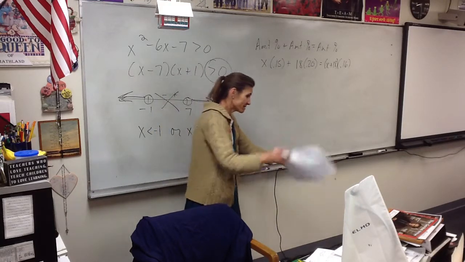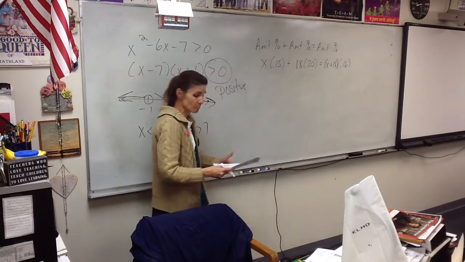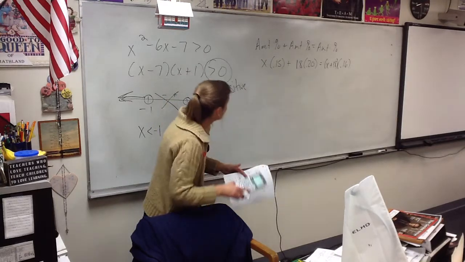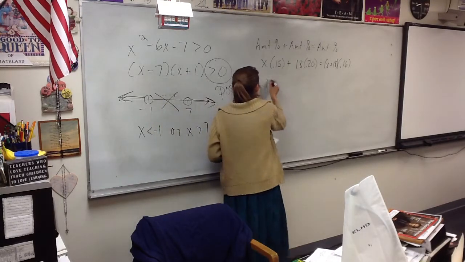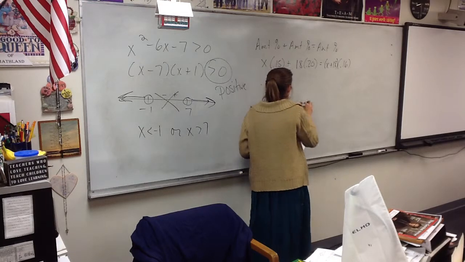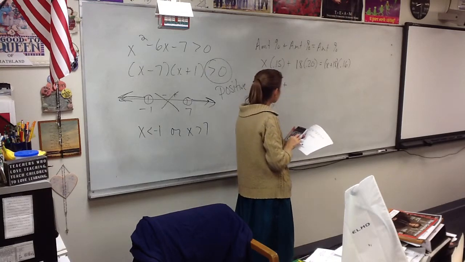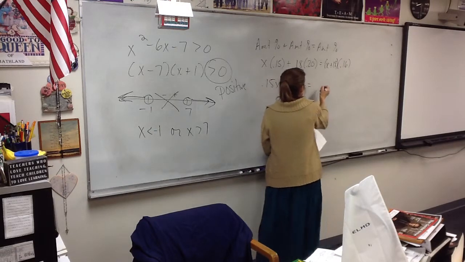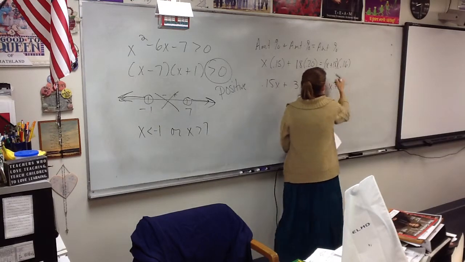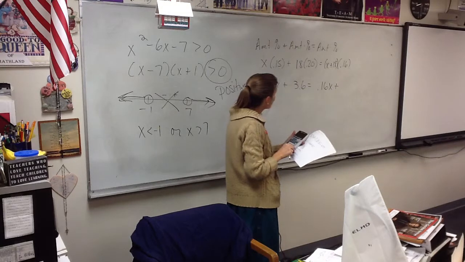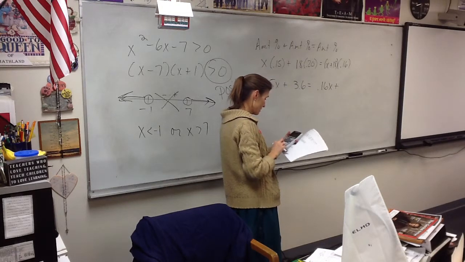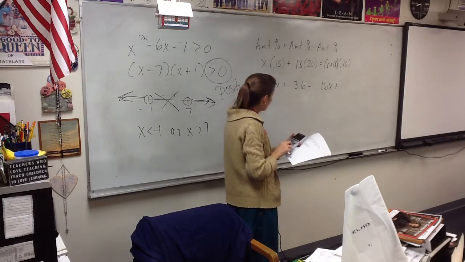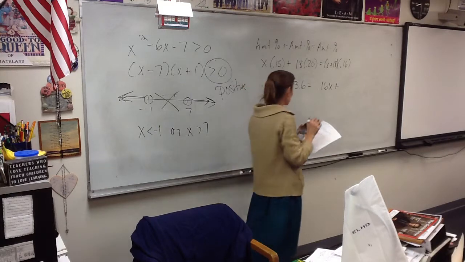You dump in X and you dump in 18, you're going to have X plus 18. All right, so 0.15X plus, okay, here we go, 18 times 0.2, 3.6. And distribute over here, so 0.16 times 18, 2.88.